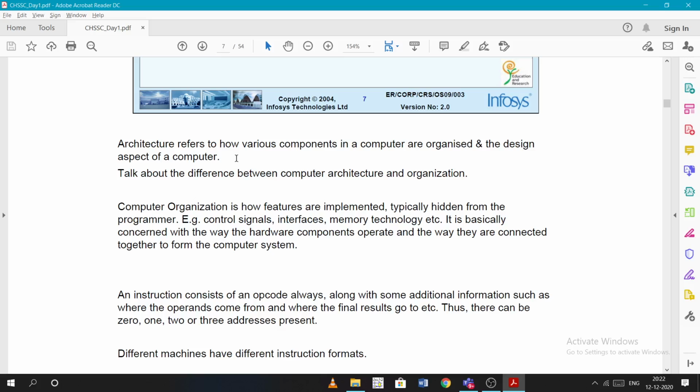So basically this computer organization will mostly depend on the hardware, on how the hardware is connected together. And an instruction consists of an opcode always, along with some additional information such as where the operands come from, or where the final result goes to, etc. Thus there can be 0, 1, 2, or 3 addresses present.